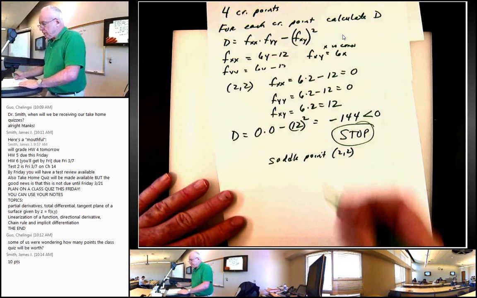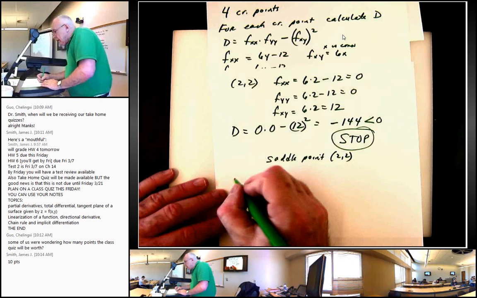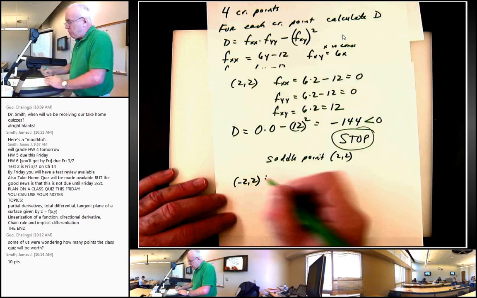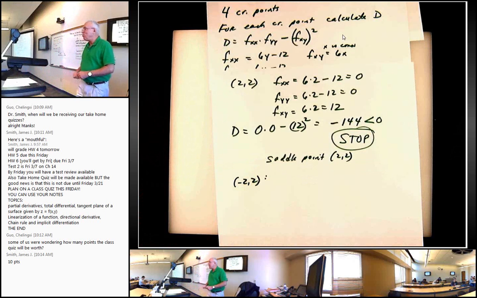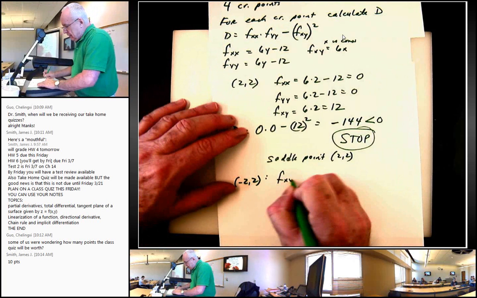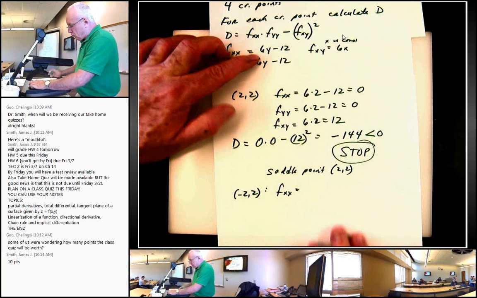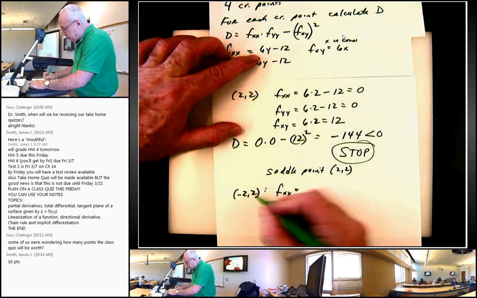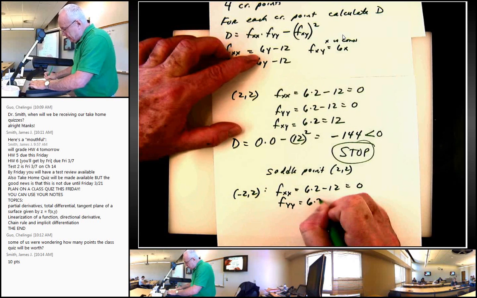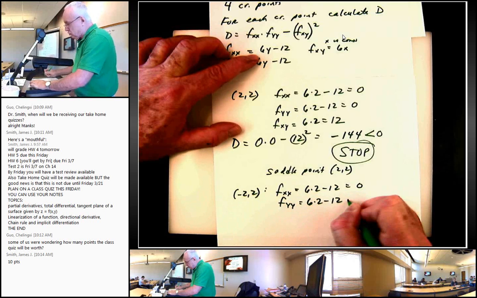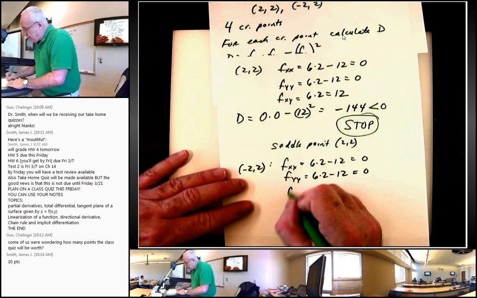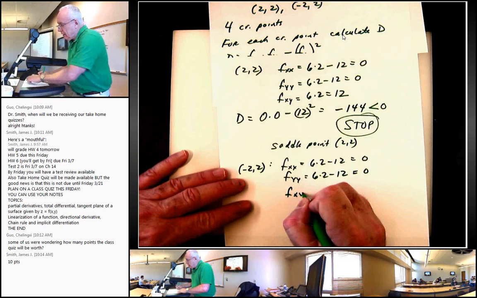All right. Then let's look finally at the last one, which is minus 2 comma 2. And we're going to again get a saddle point for this one. fxx, I have 6y minus 12. That's again going to be 6 times 2 minus 12, which is 0. fyy is again going to be 6 times 2 minus 12, which is 0. And then fxy is 6x.